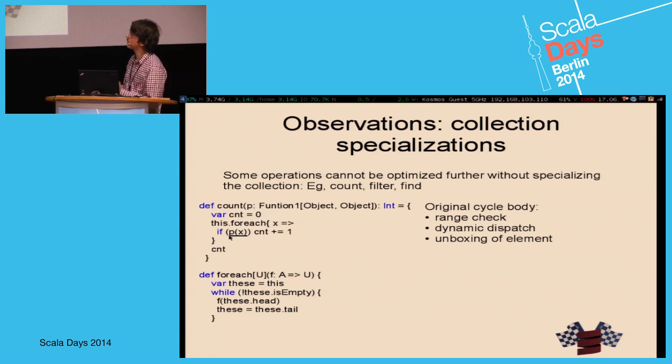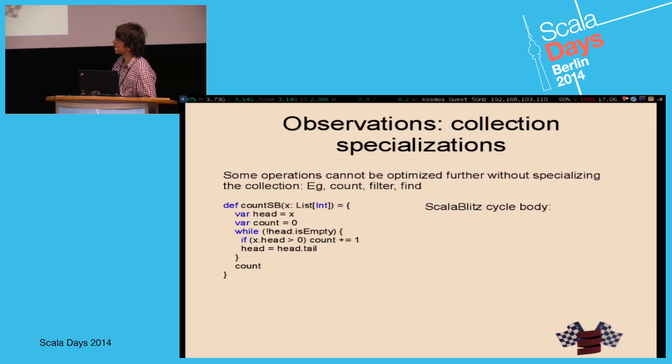But the function itself, if you're using functions of integer, will do something reasonable with this integer, for example compare it. In order to compare it, it will unbox this integer. So you're still paying this price. Then it will do the predicate check inside the method you passed, and then it will actually increment the counter. If you rewrite the same in ScalaBlitz, the only difference is that you will inline the method.